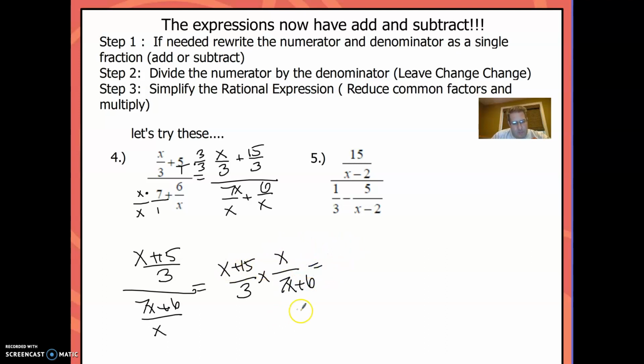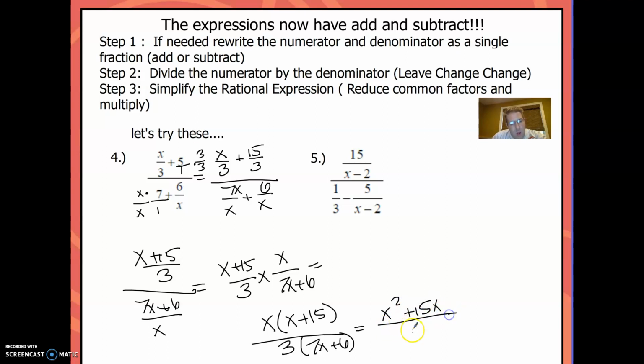All right, so that becomes x times x plus 15 over 3 times 7x plus 6. Now, I could probably distribute that and distribute this, and if I did that, that's going to be x squared plus 15x over 21x plus 18, and that's about as simplified as I'm going to be able to get it. So like I said, instead of leaving it as factor form, I changed it back into standard form.